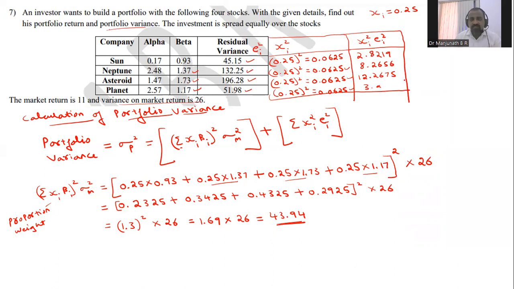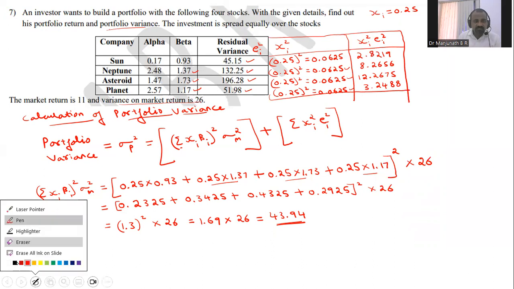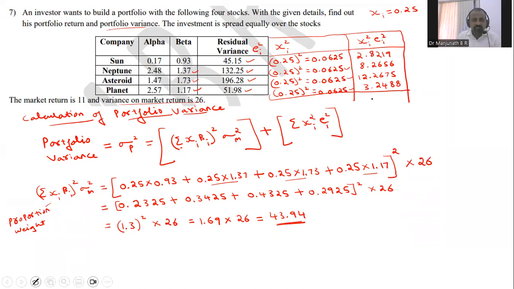And now if you sum up all these things, what is the total you are getting here? When you sum up all these values, you should be able to get 26.6038. Now we can apply the formula, that is the portfolio variance. A simple portfolio variance is equal to the calculation of summation xi bi whole square multiplied with market variance, which is already here, 43.94.